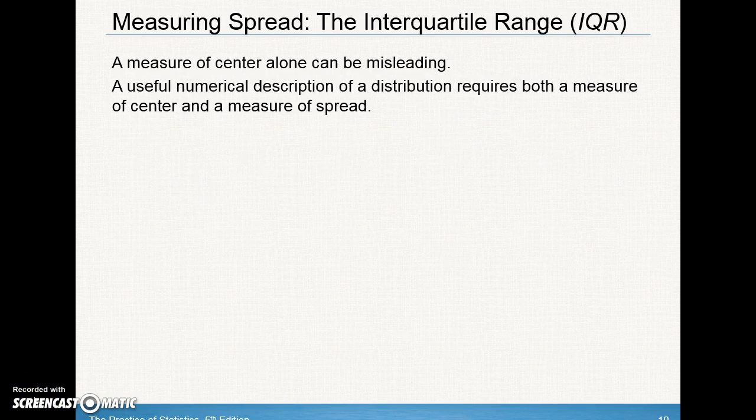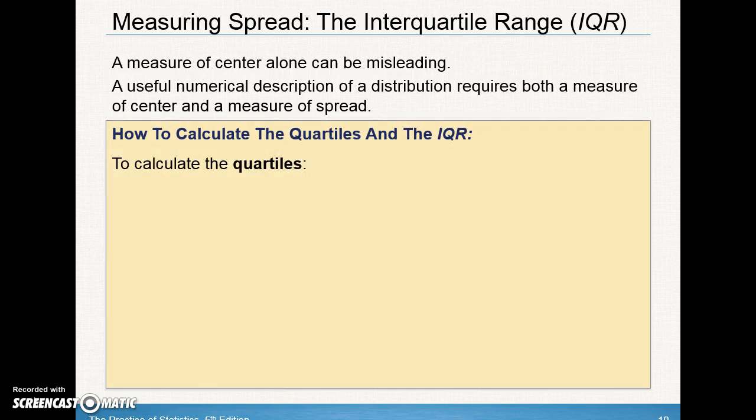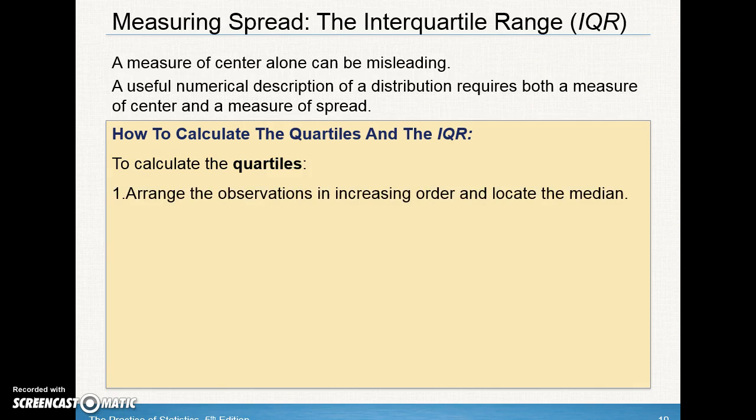So the measure of center can be misleading, or it's not really sufficient to give a good description of the data. So another description that is useful is called the interquartile range. And so let's see how that works. To calculate the interquartile range, you first need to calculate the quartiles. The quartiles are easy to calculate. I think you've probably done this before. You find the median of your data set.